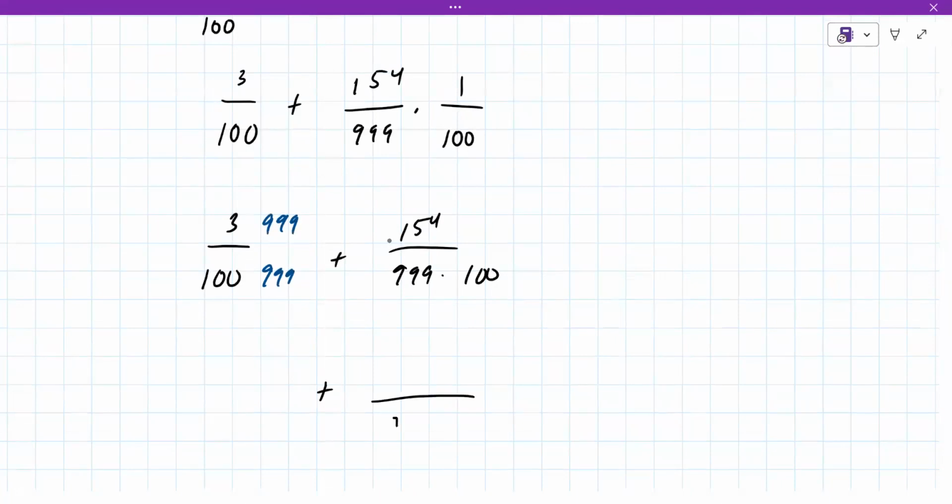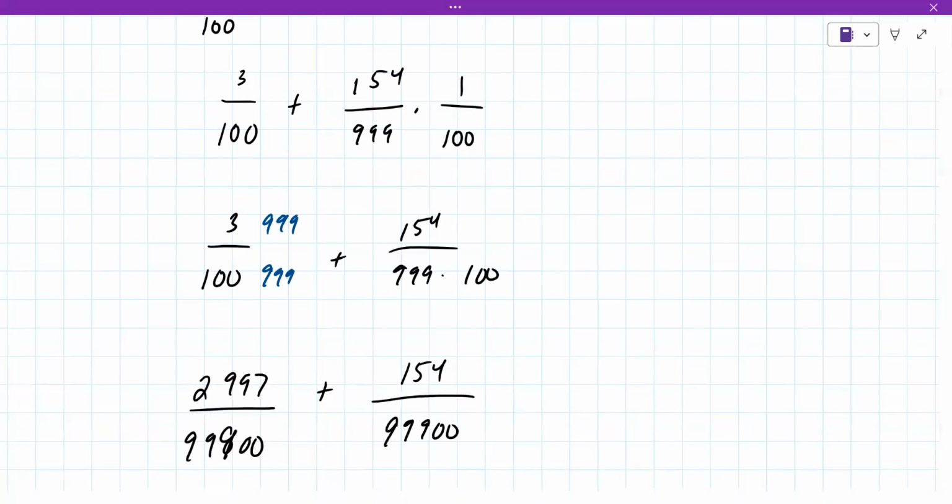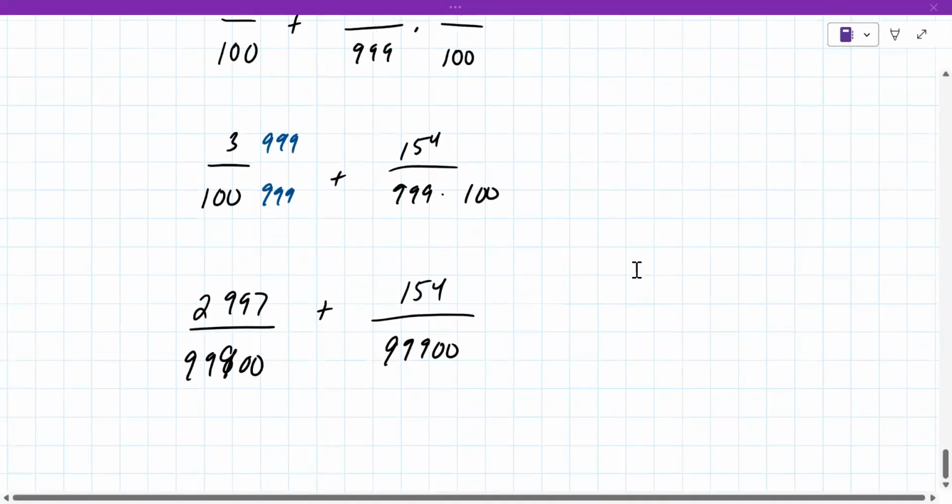It gets worse before it gets better. And so you got to do that 3 times 999, which is 2997 plus 154. All right. That's 3151 over 99900.